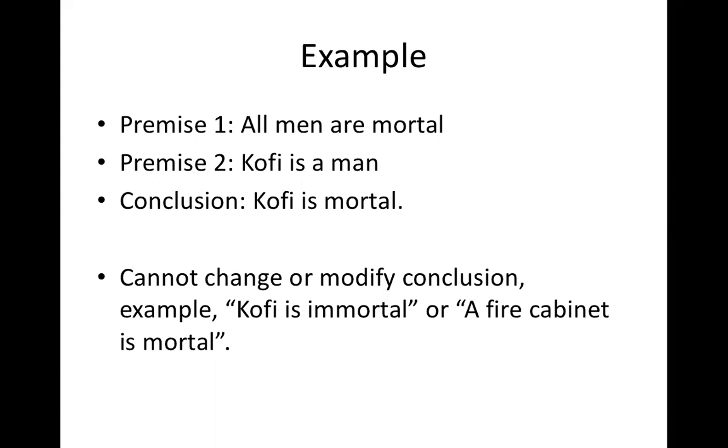Premise 2 is saying something about premise 1. Now, you can see that in this case, premise 2 is saying something about men in premise 1. Premise 2 is telling you that Kofi is a man. It's identifying a particular thing in the world as a member of the category all men.